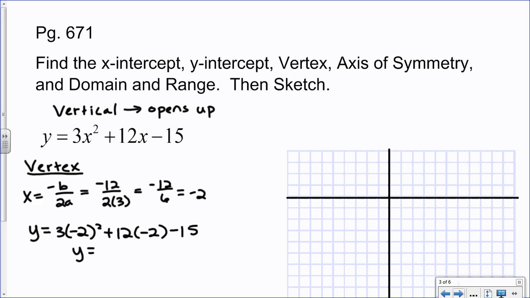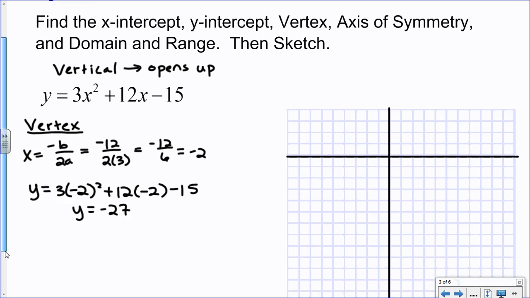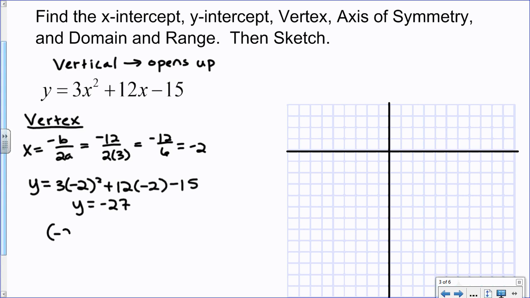So we should get negative 27. So that means my vertex then is negative 2, negative 27.